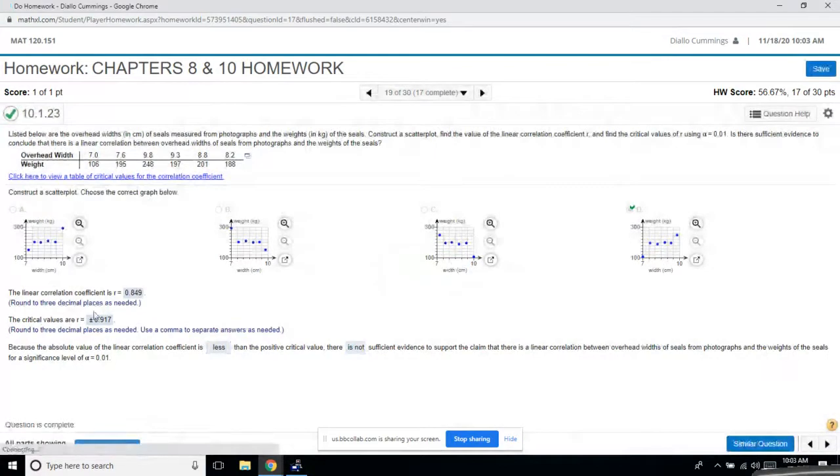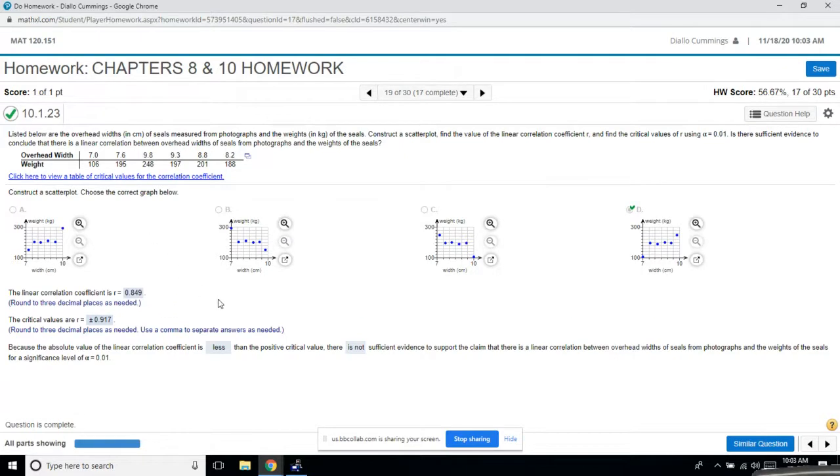All right. So if your R value falls within your critical values, right, if it's greater, there would be evidence to support. But since our linear correlation falls outside of our critical R values, there is not enough evidence to support.